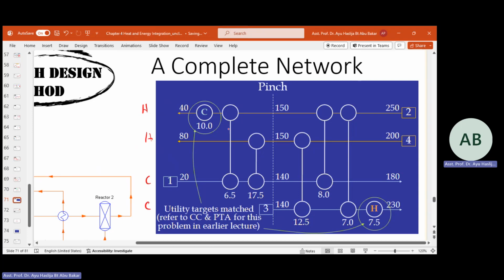how many heat exchanger involved? From this network, how many heat exchanger involved? Inclusive the cooler and heater. 7. Okay, 7.